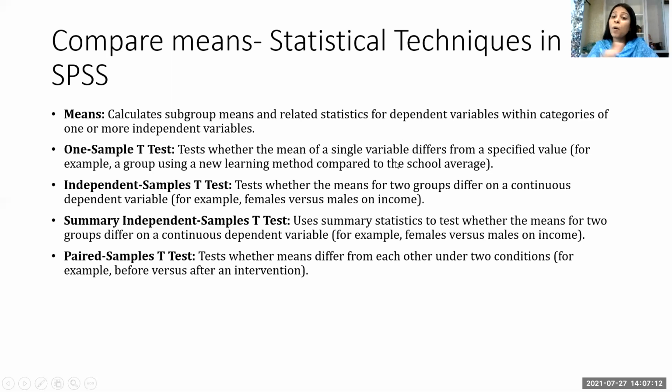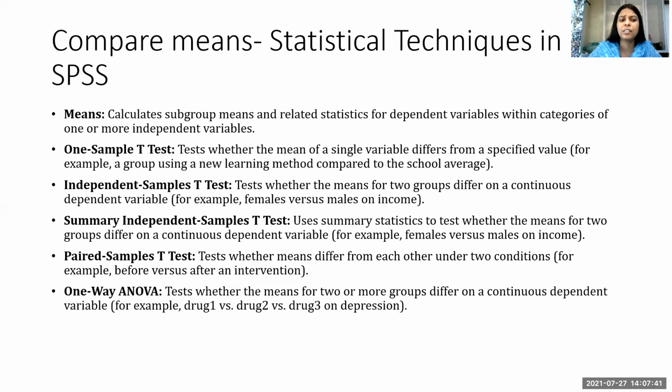So that is pre-implementing the new drug, and then you will administer the new drug and see the effectiveness of that drug on the health of the patient. That becomes the post-intervention. So you will record the data both pre and post, and then test to see whether the means differ or remain the same.